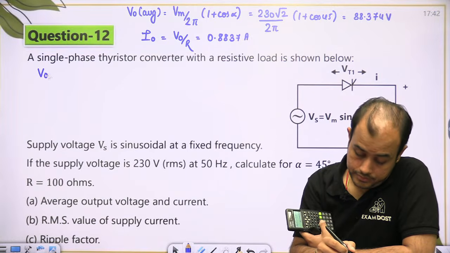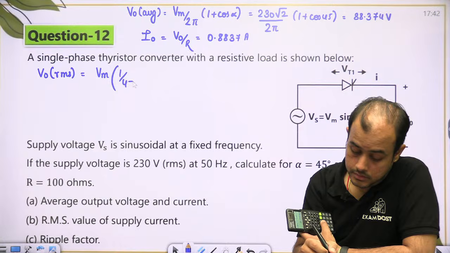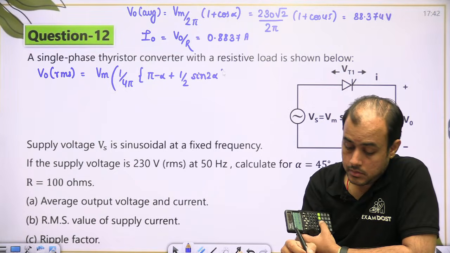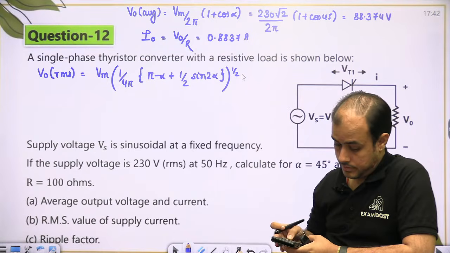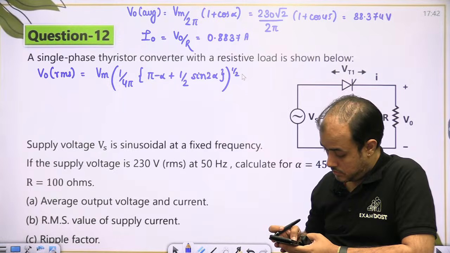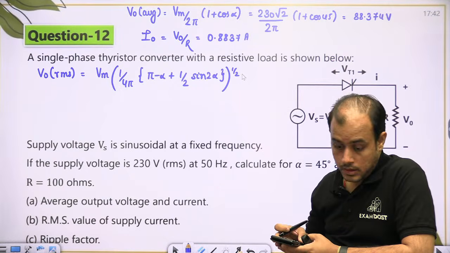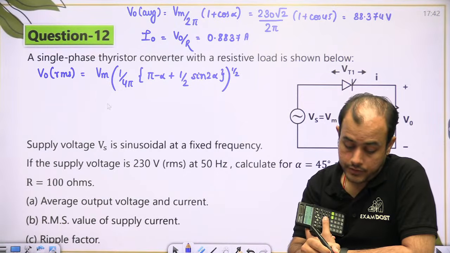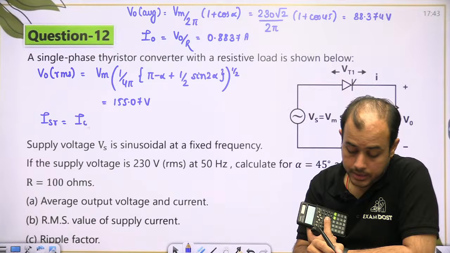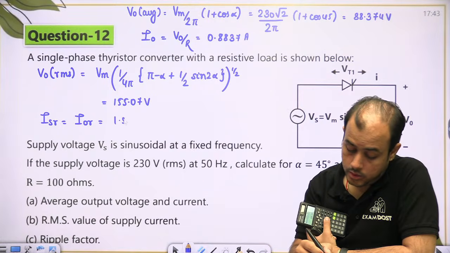Okay. Okay. 155.07. Now supply RMS current is same as output RMS. 1.5507.